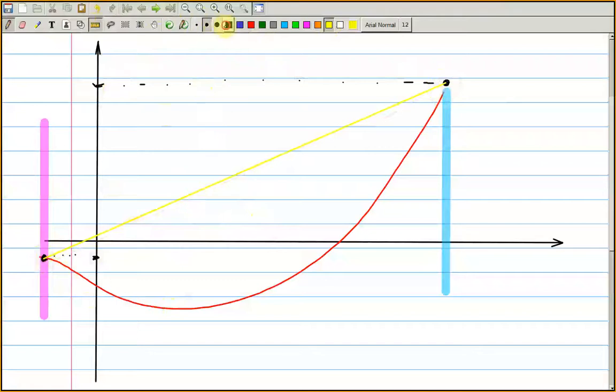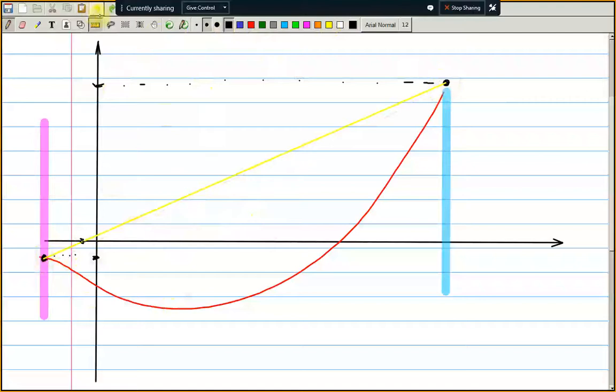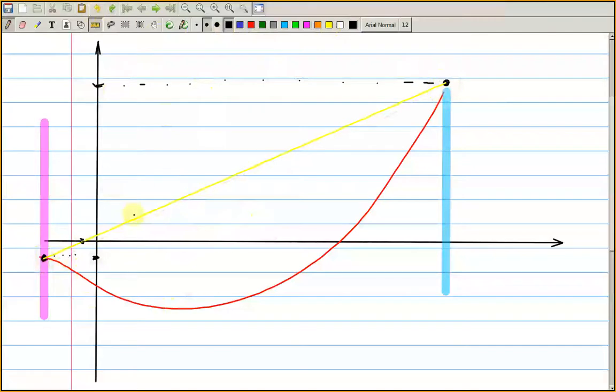So let's go back to black. It crosses the system here. That's going to be the new bound. Whether it's going to be the left or the right bound is not determined until we put it.